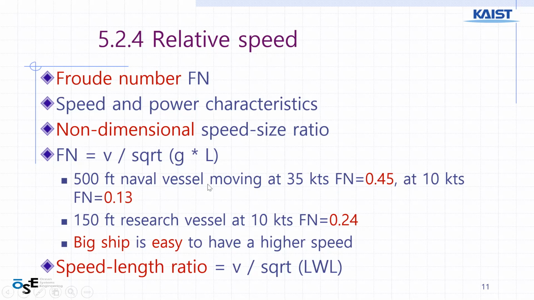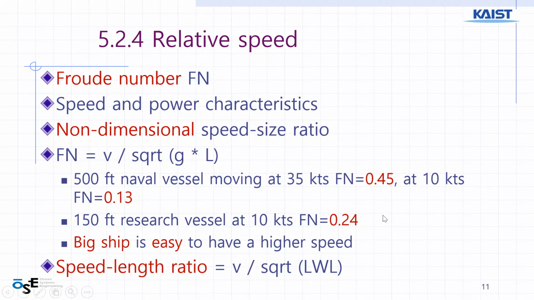Froude is a personal name, right? In the late 19th century or early 20th century, I'm not sure. But anyway, before Froude created this number, ship design had already been done for 1,000 years, so they used different numbers.